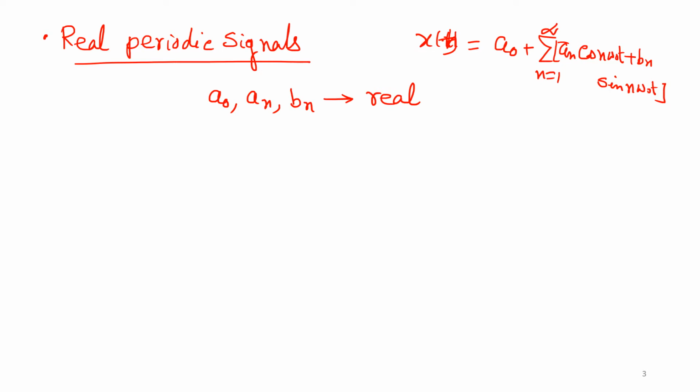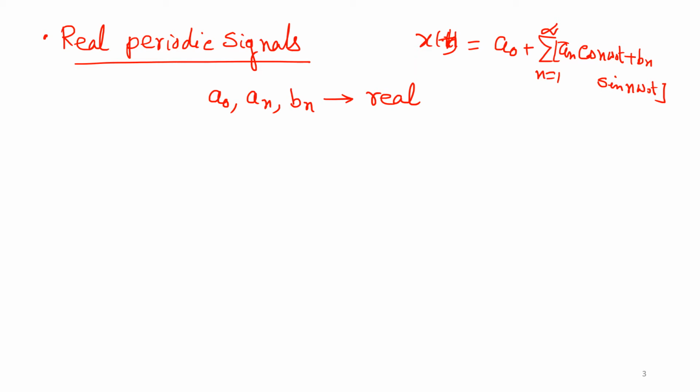Now here this cosine and sine are all real, and the left hand side is also real, so these coefficients should be real. Okay, that is the argument. So a0, an means a1, a2, a3, all those things, b1, b2, b3, all coefficients are real.